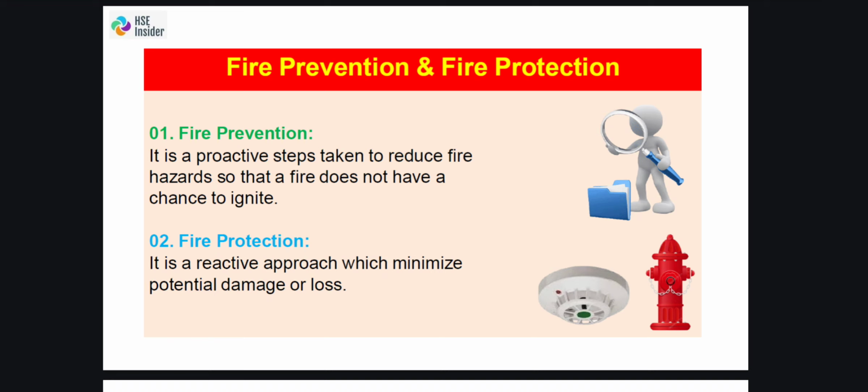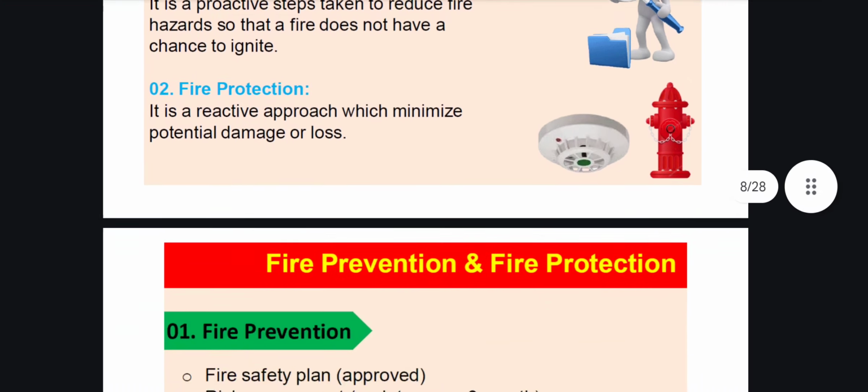We can see what comes under fire prevention. The other method, fire protection, is a reactive approach which minimizes potential damage or loss. So fire prevention is the proactive approach, whereas fire protection is a reactive approach.